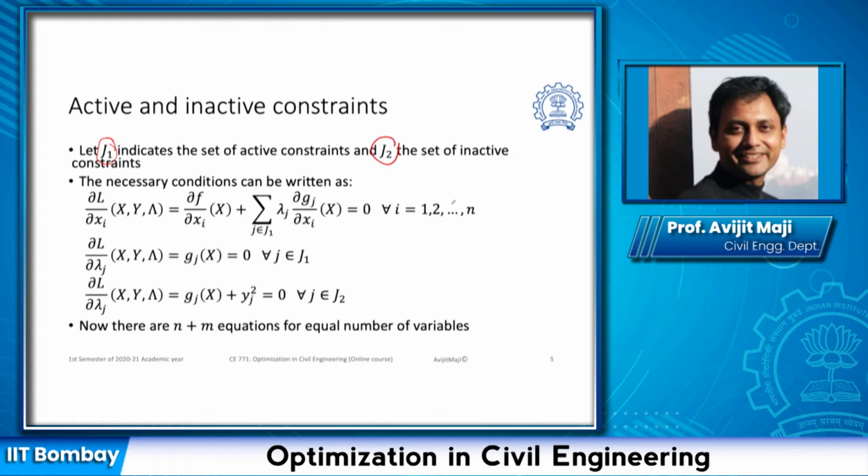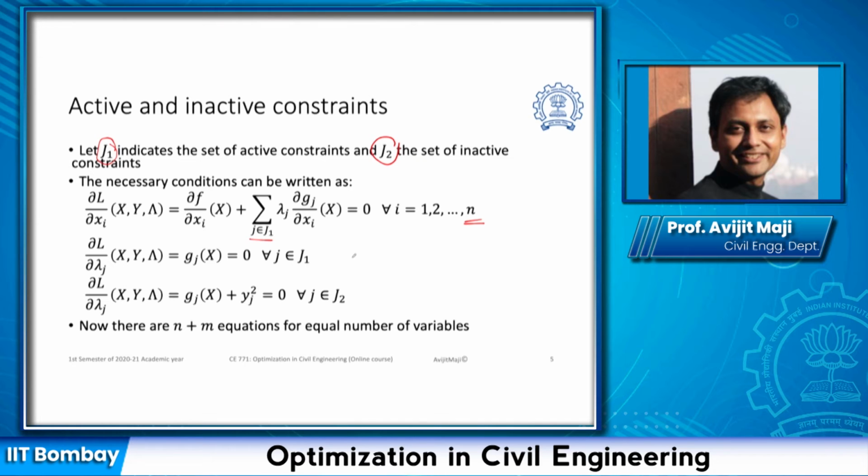Now, as per the necessary condition, when we do the partial derivative with respect to the variables, we obtain n equations which we equate to 0, and of course, these represent the active constraints, because in other cases lambda is going to be 0, so those are not going to be present in these equations.